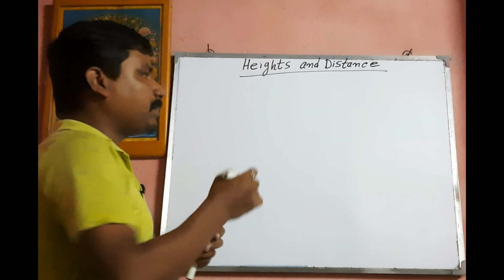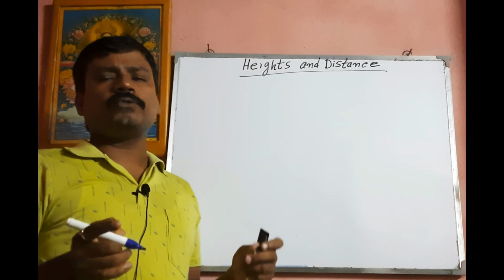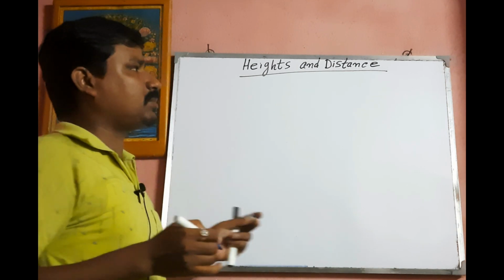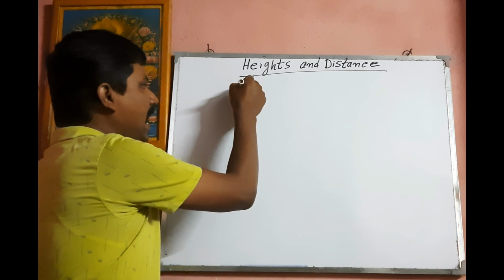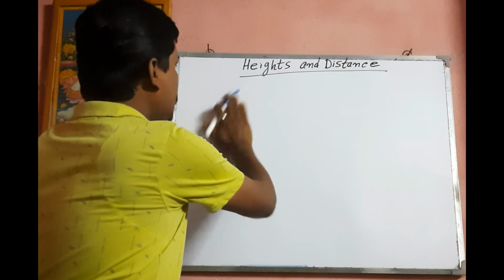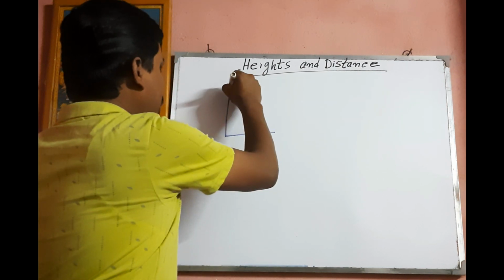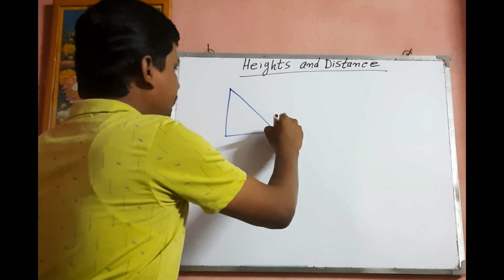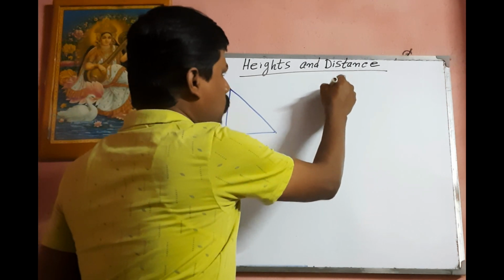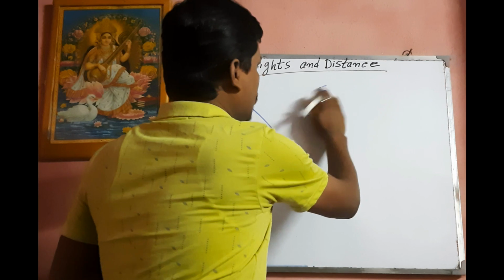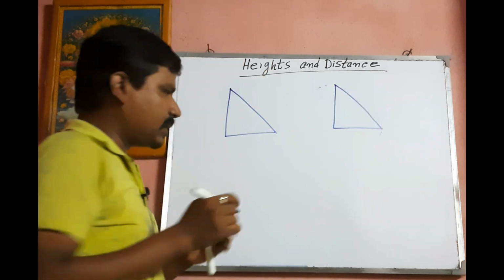Now for this chapter, two topics are important. One is angle of elevation and another is angle of depression. So we draw two triangles at a time to show the angle of depression and angle of elevation.